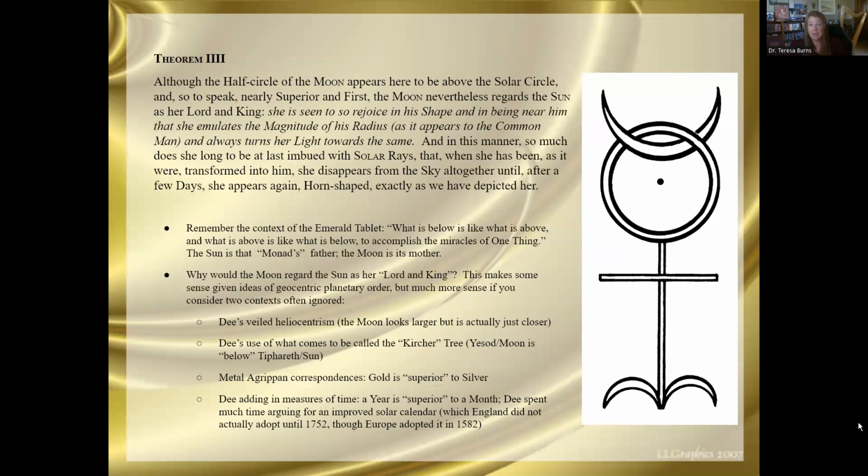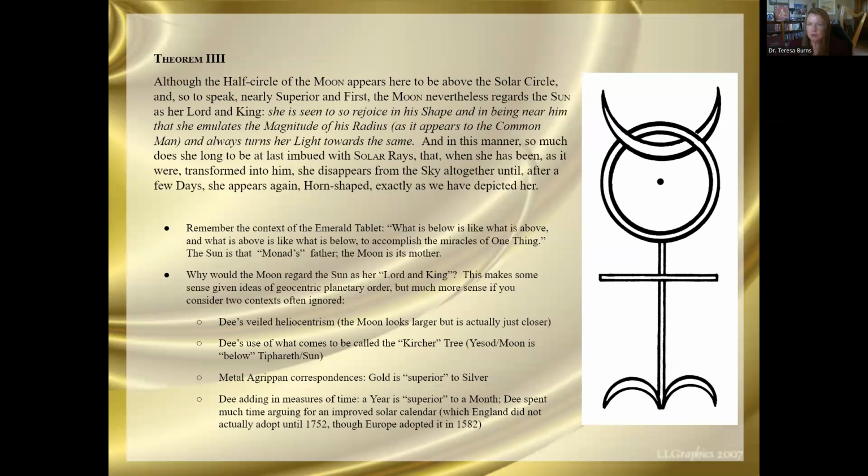Now, Dee knew this stuff really, really well. He spent a lot of time arguing for an improved calendar because in the time that he wrote this, 1564, people in England and in Europe knew that something was off with the calendar. When you get to the first day of spring, the first day of Aries, that's his little sign down there, as we'll talk about later, it wasn't the first day of spring.